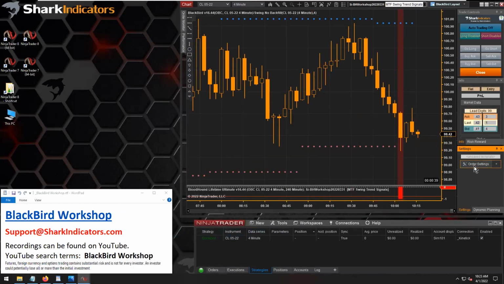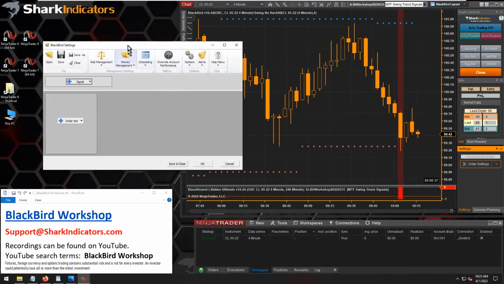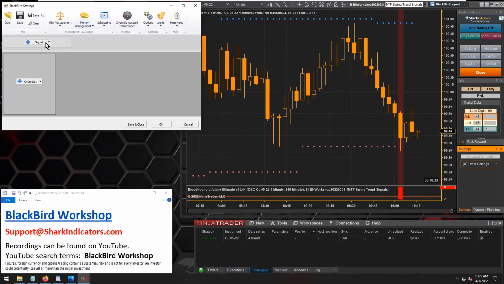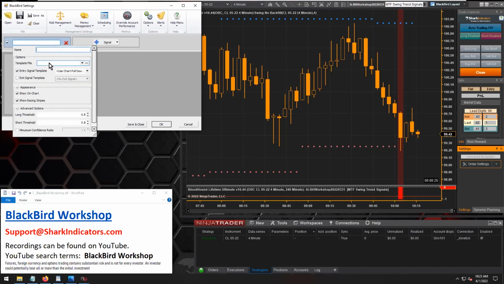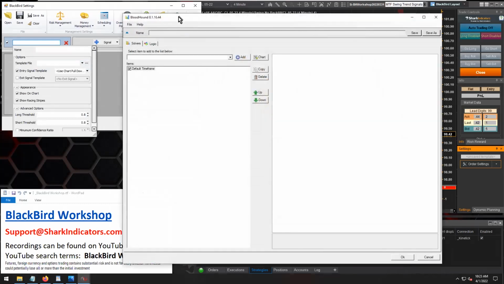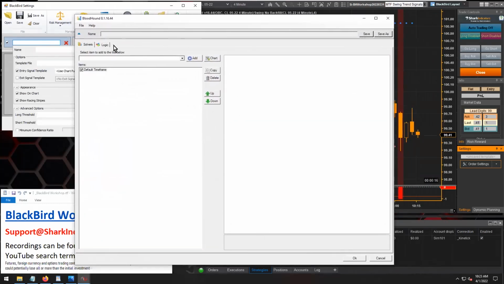All right, so let's open up BlackBird. The first thing we'll do is add our trade signals. Pretty straightforward. We're just going to select Bloodhound for the signals, and then open that up, and use the ellipses button there, the 3 dots, and that will open up the Bloodhound interface.